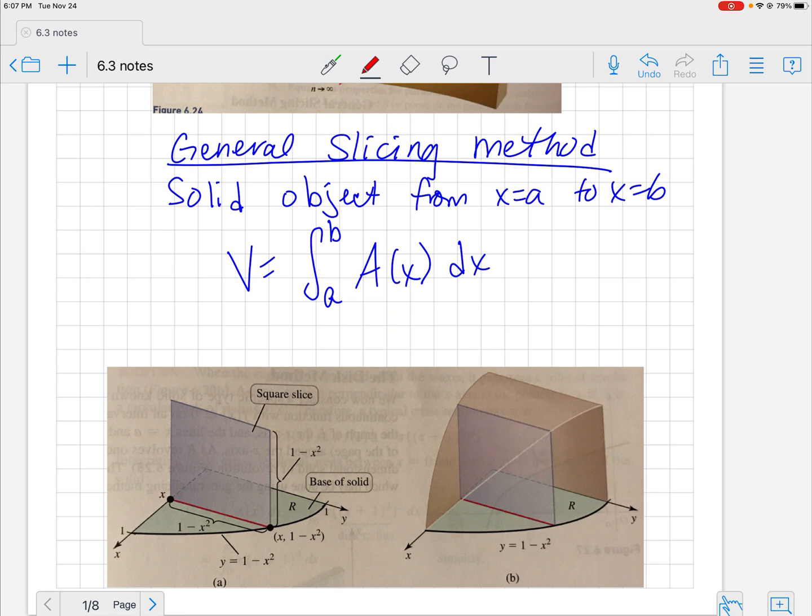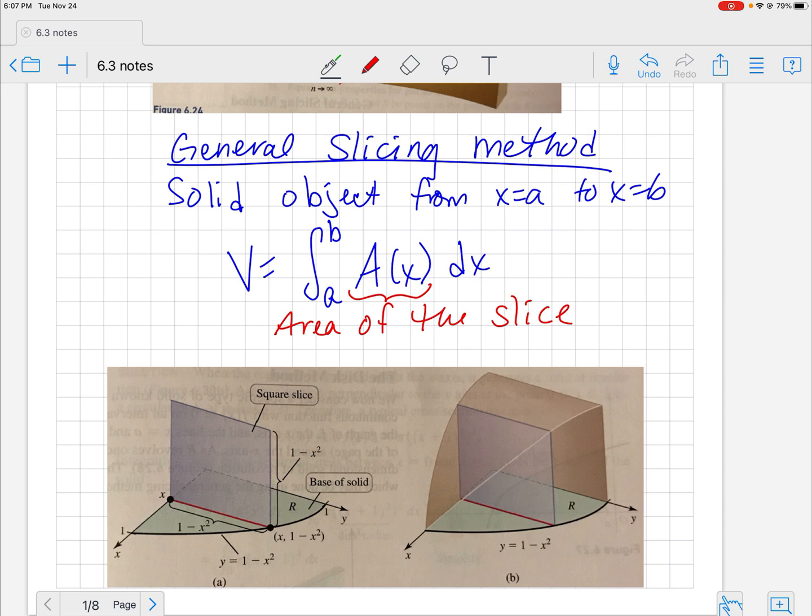So anything that we want to look at, that's where this A of x is going to be the area of that slice. So anything that we have, we can take the area of whatever that slice is, and then I have infinitely many of those, because that's the concept of the integral here. Infinitely many of those so that I can look at it.